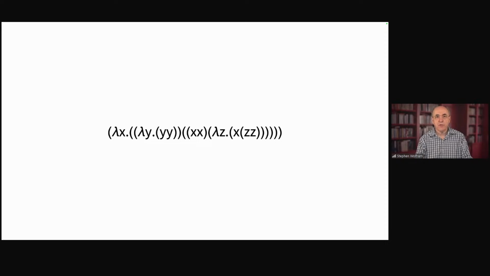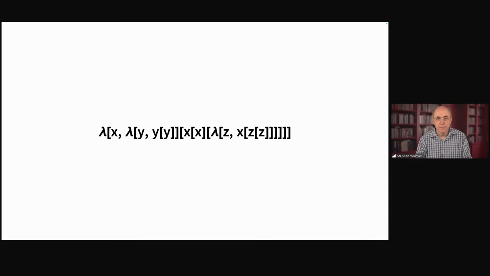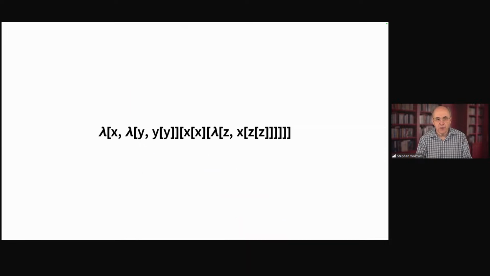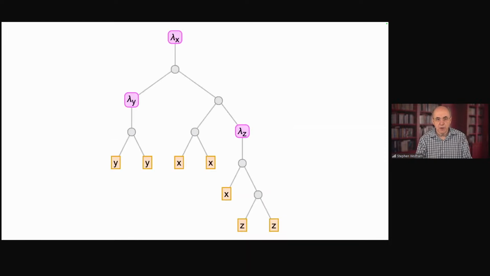Okay, so we've been trying to write out lambdas in linear form, but in some sense they're always really trees, just like expressions in the Wolfram language are trees. So here, for example, is this lambda shown as a tree. There it is. It's got three lambdas. The lambdas are positively pink here, and there the thing is written as a tree. The leaves of the tree are the variables.